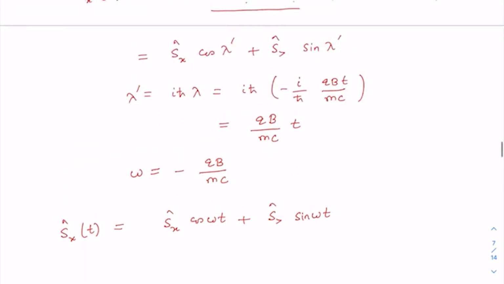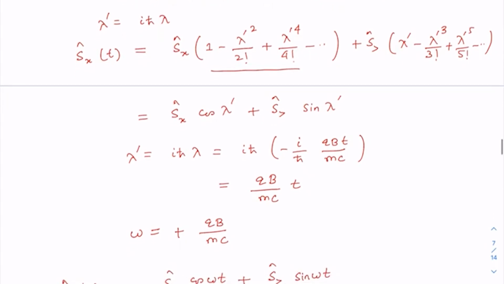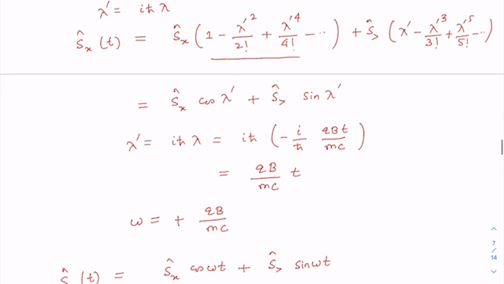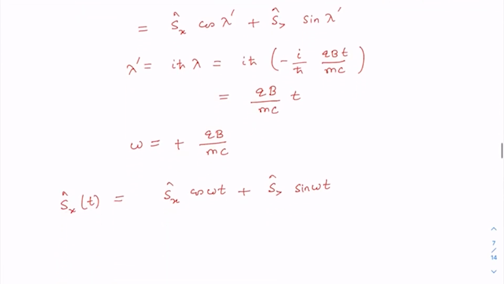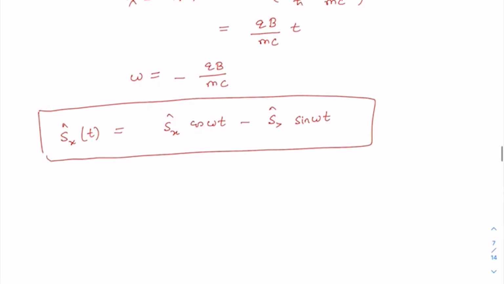There should not be any mistake. Let me take it plus, then this is cos λ. I will get it like this. Yes, I think it is correct. Let me define it as minus, better, then I will have it as minus. This is what I'm going to have.